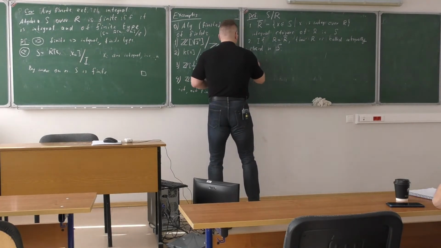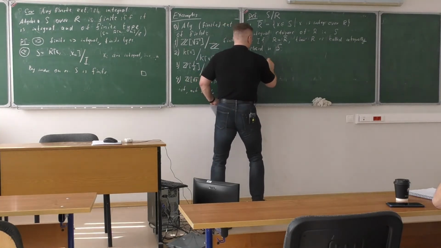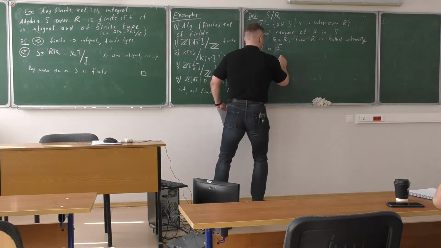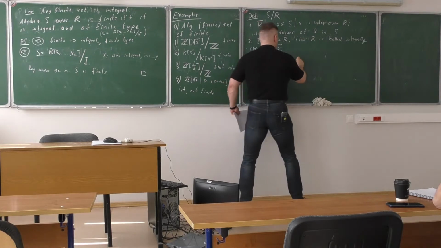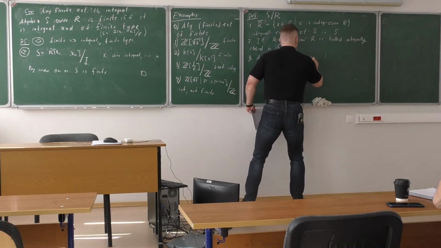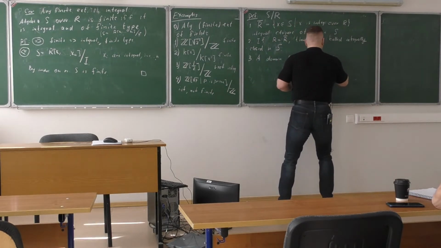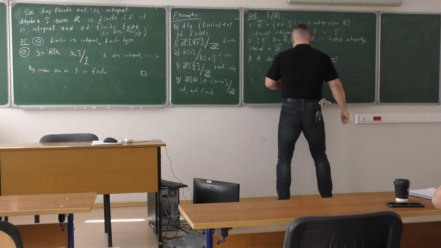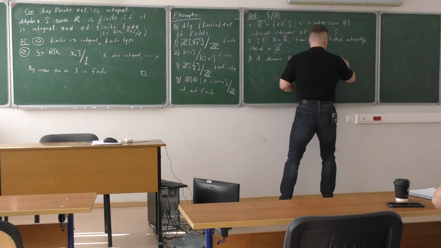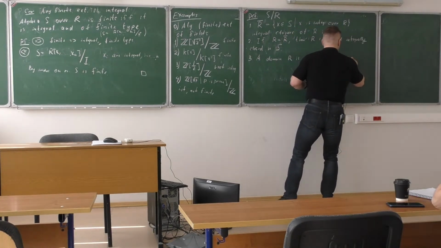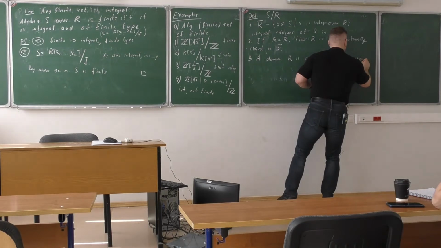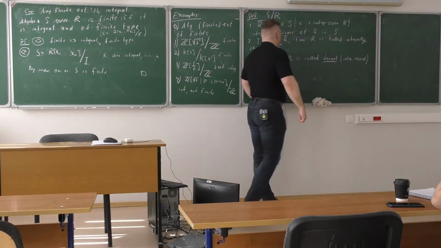And 3, a domain R is called normal. And sometimes people also say integrally closed, but I prefer normal.